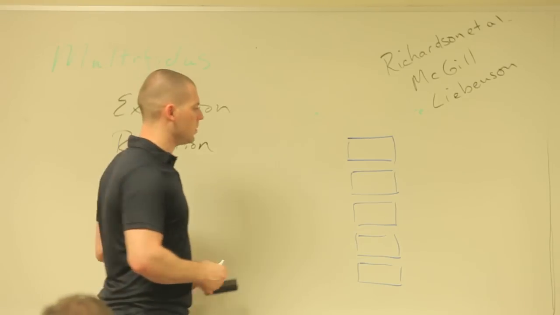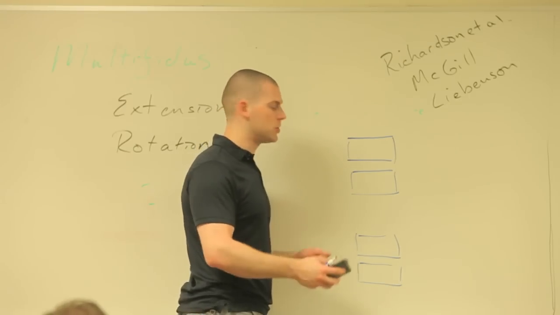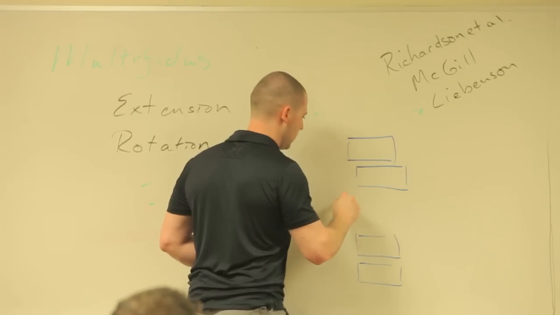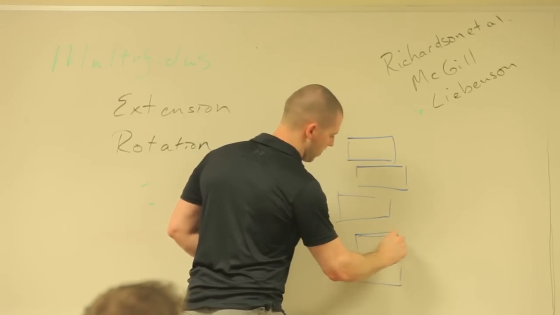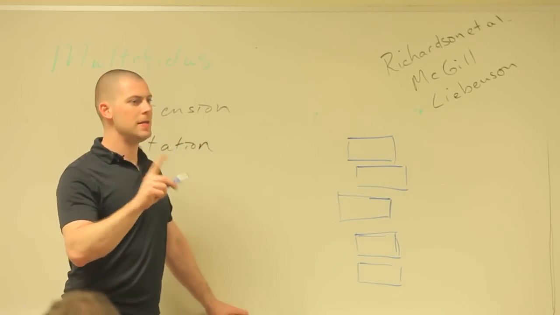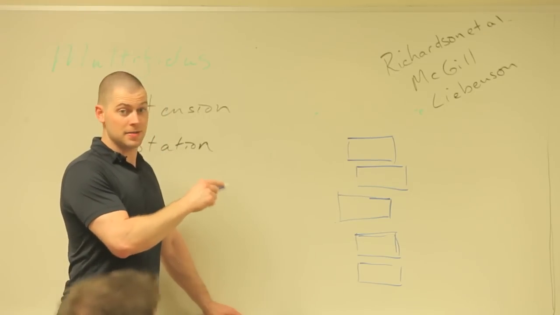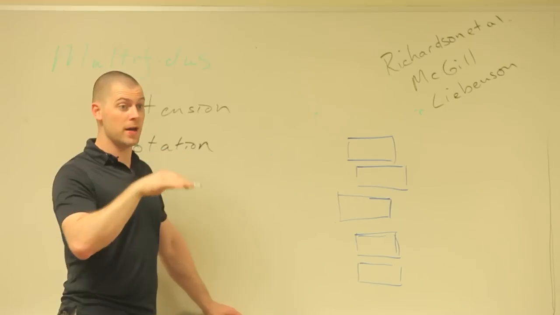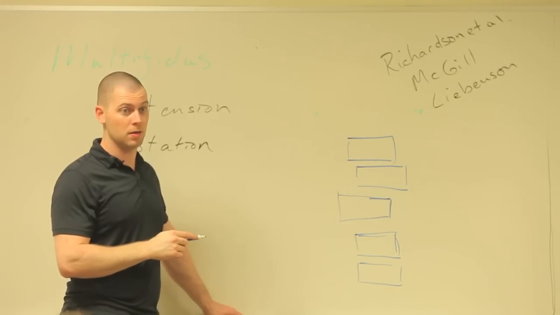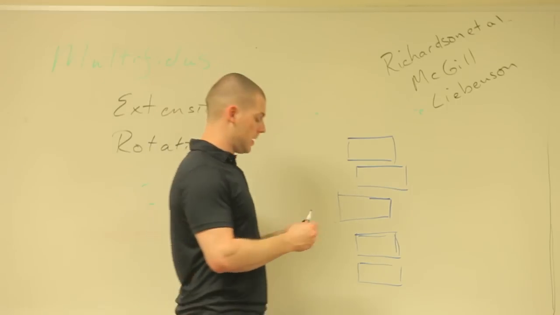What we think these muscles do is when movement or pathology or dysfunction cause our blocks to be this way, it might be these muscles that aren't doing their job. When movement causes us to do something like that, one of our blocks to move out of place, we think that these muscles doing their job will cause these blocks to do what? Straighten back out again. Does that make sense?